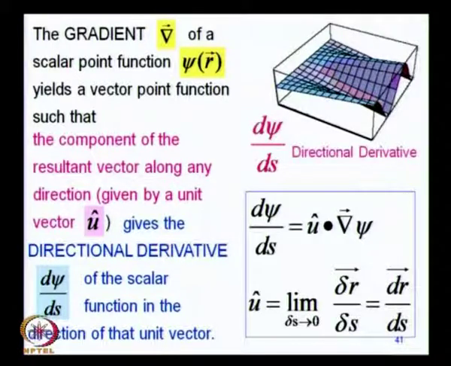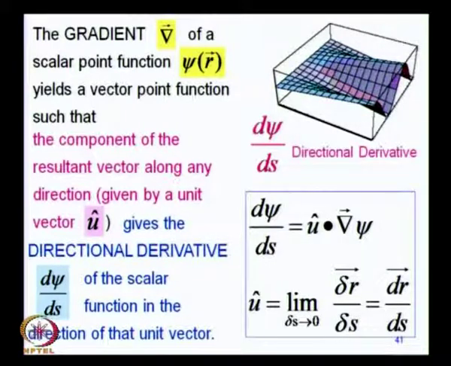So, this is our complete definition of the gradient of a scalar point function. In this definition what you see on the screen, x, y, z do not appear anywhere, and the definition and the interpretation will be completely independent of the coordinate system. In any coordinate system this definition must hold.